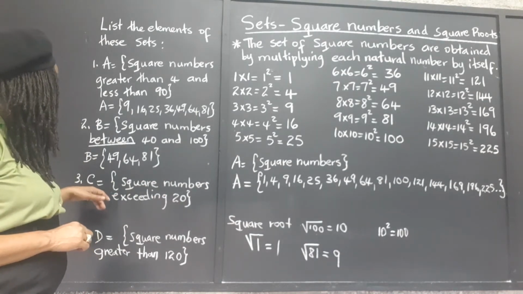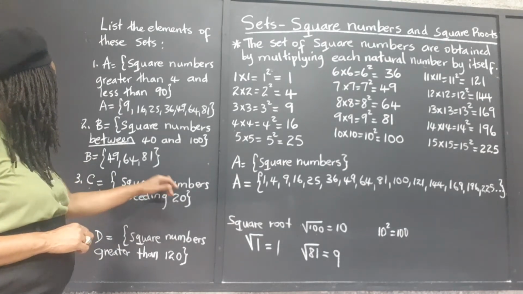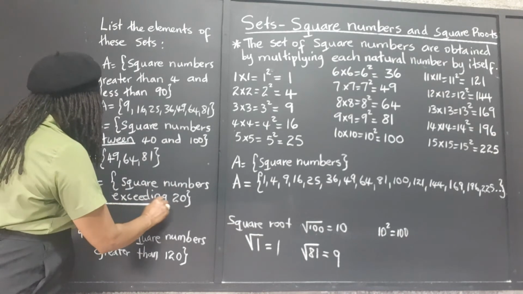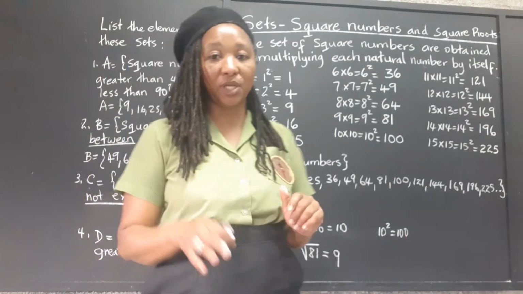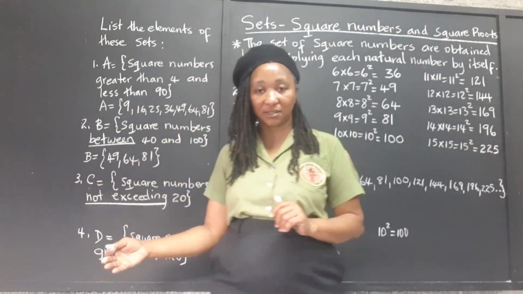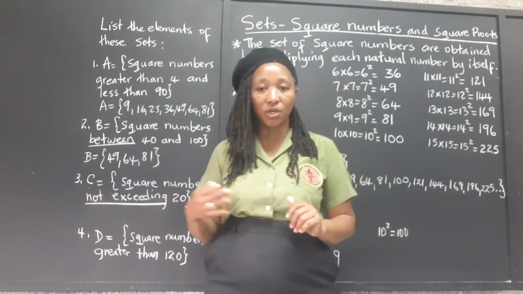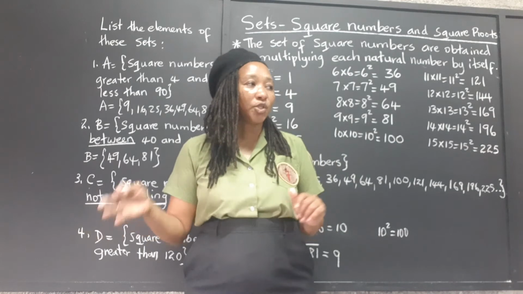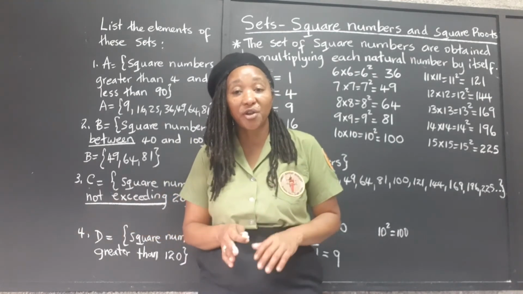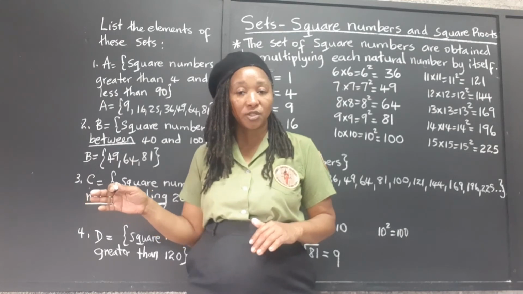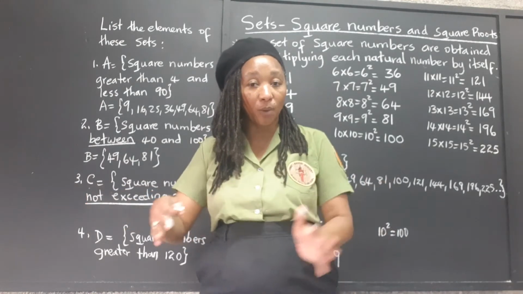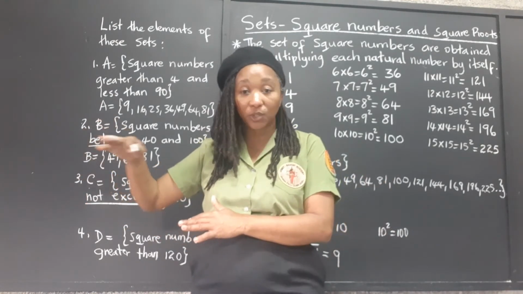Set C is defined as the square numbers not exceeding 20. Not exceeding means do not pass 20. So we want those square numbers that do not pass 20. So from the first square number up to where it gets just below 20.